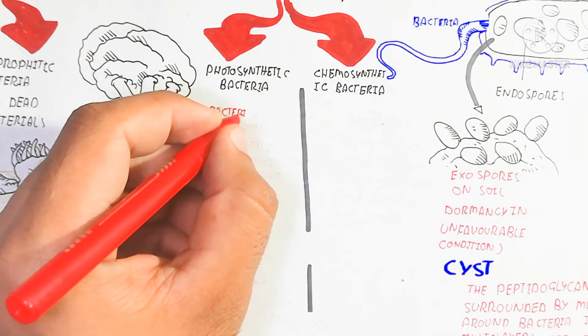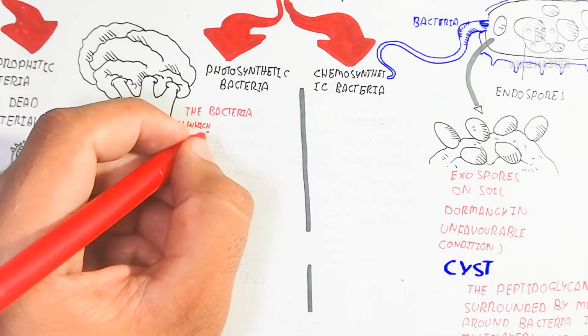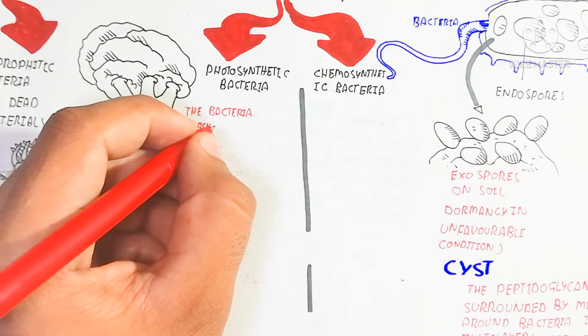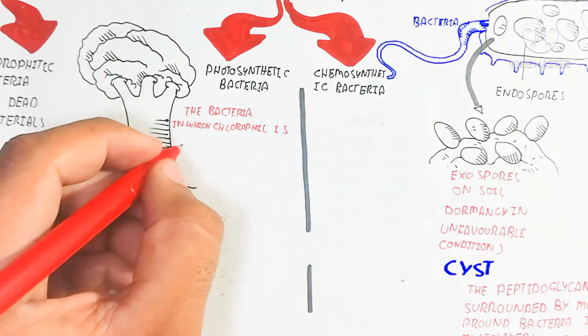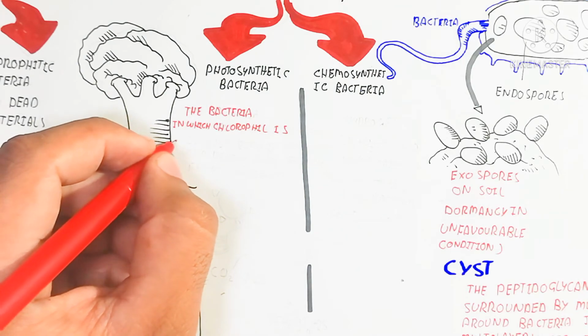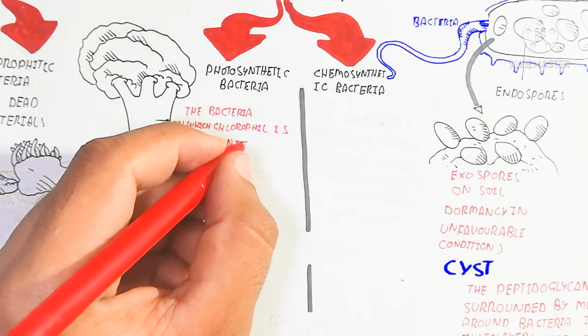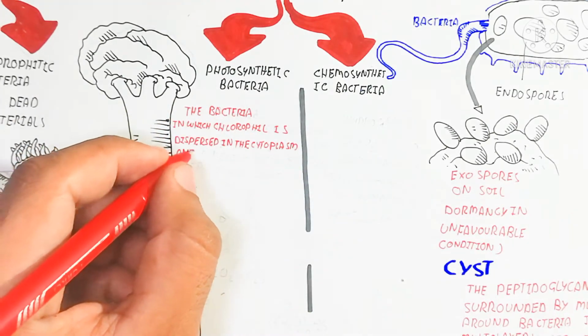Autotrophic bacteria are of two types. First, photosynthetic bacteria. Here we discuss bacteria in which chlorophyll is dispersed in the cytoplasm and derive their energy from sunlight.